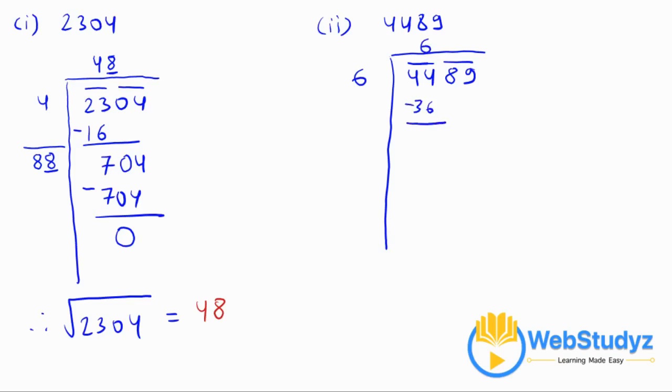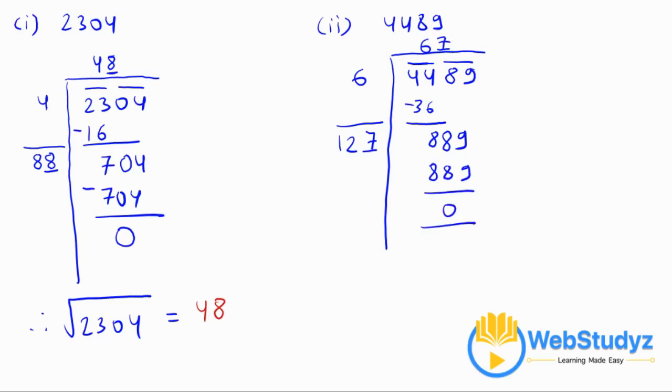Subtracting it, we will get 8 and 89. Now doubling the value of quotient 6, we get 12 and a blank. So if we take 7 and quotient as 7, we will get the value as 889, which will give us remainder as 0.